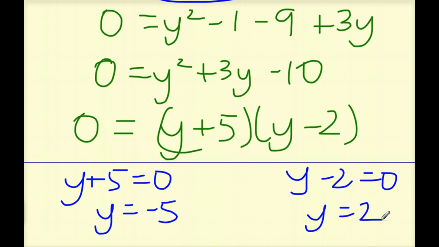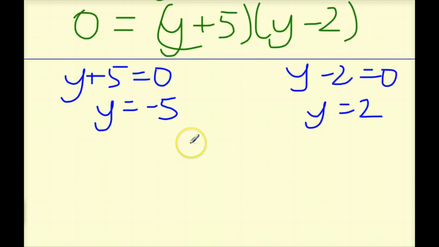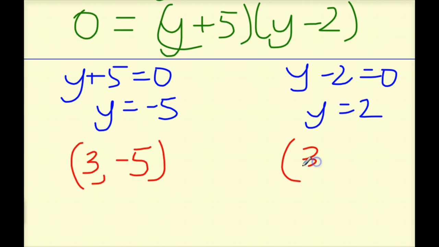So in order to completely answer this question, I'm going to need to write my answers in points. And so for both of these, I plugged in the number 3. So my x value is 3, comma, negative 5. And here, it's going to be 3, comma, 2.